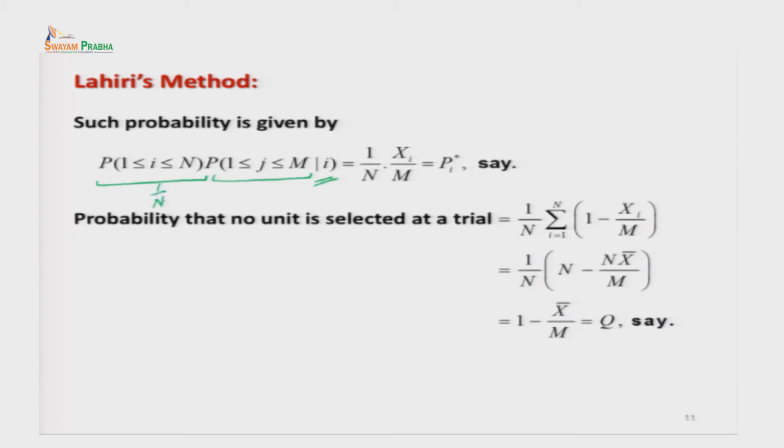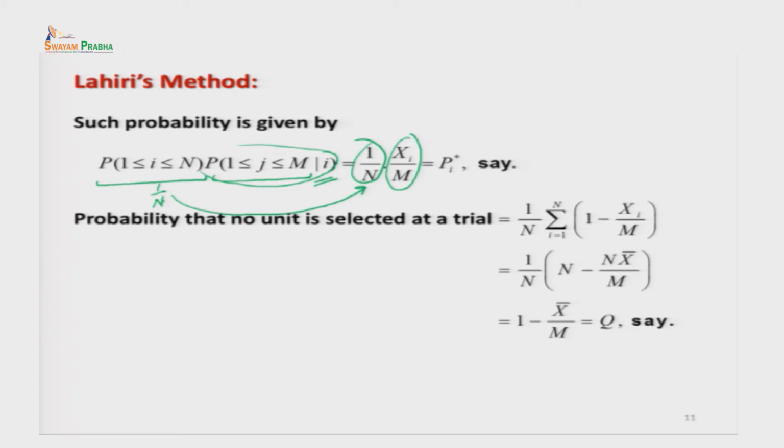This is simply 1 upon N, and this is written here. And what will be the probability that j lies between 1 and M given i? This is simply going to be x_i upon capital M. You have done this type of exercise just now in the earlier case.